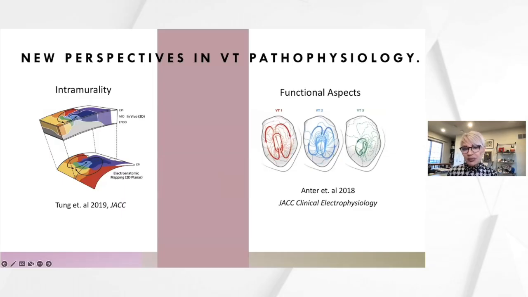There have been new perspectives in VT pathophysiology in the last 5 years, let's say. For instance, a very important study by Rod Tung demonstrated this transmurality of the propagating wavefront with different characteristics and exit sites and isthmus on the epi- and endocardium, as shown here, as well as the insights provided from the work of Dr. Elad Anter, which demonstrated that there is an important functional aspect to the VT circuit.